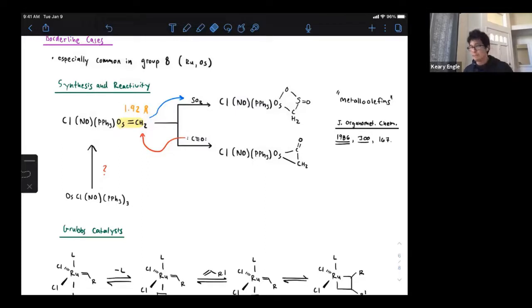So here's an example of an osmium methylidyne complex that is generated from the precursor shown. One question you might have is how do you generate such carbenes?